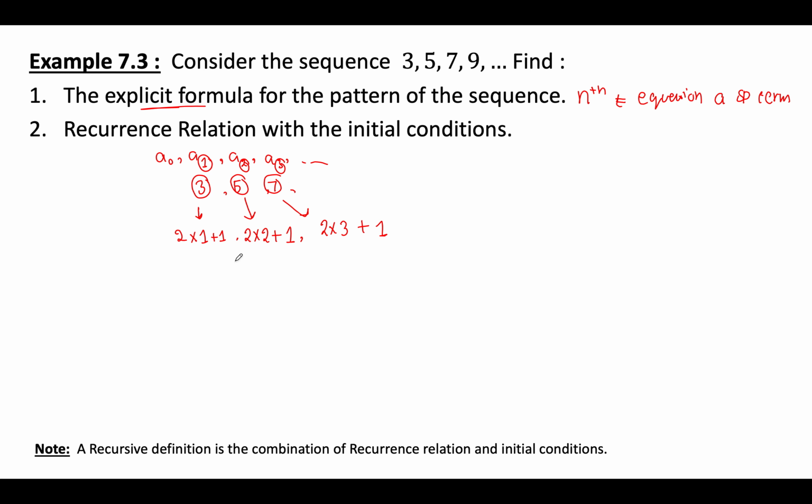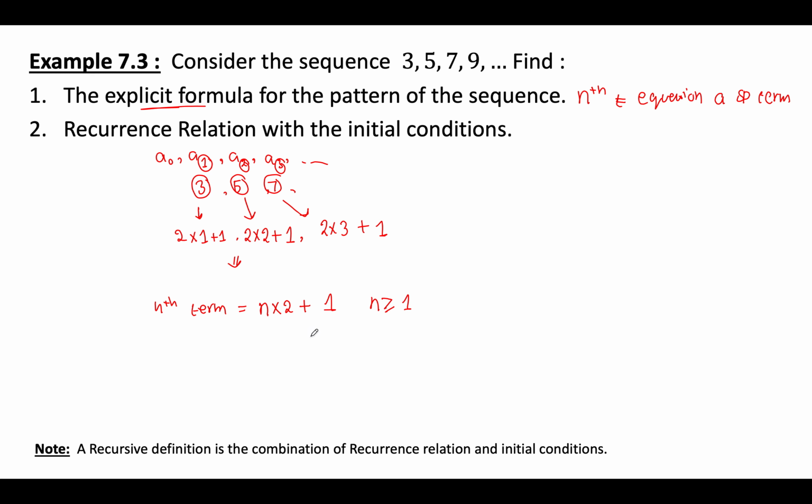So from here, we got that the nth term, or the explicit formula, is equal to n times 2 plus 1 for all n greater than or equal to 1. Or we can have it as 2n plus 1.